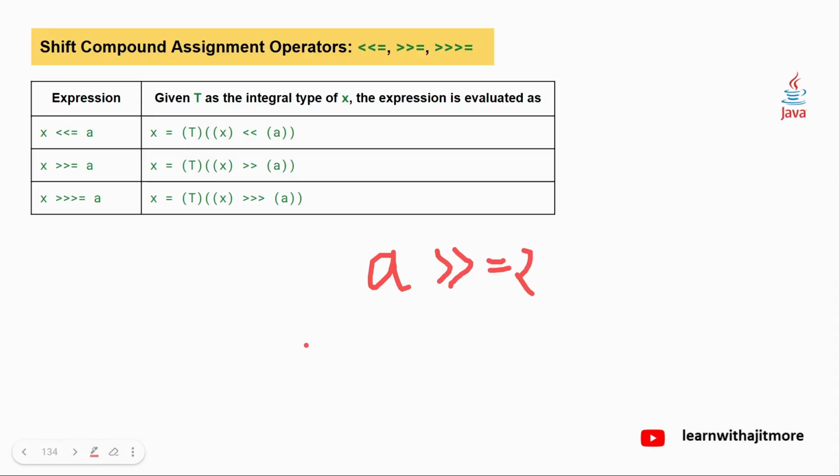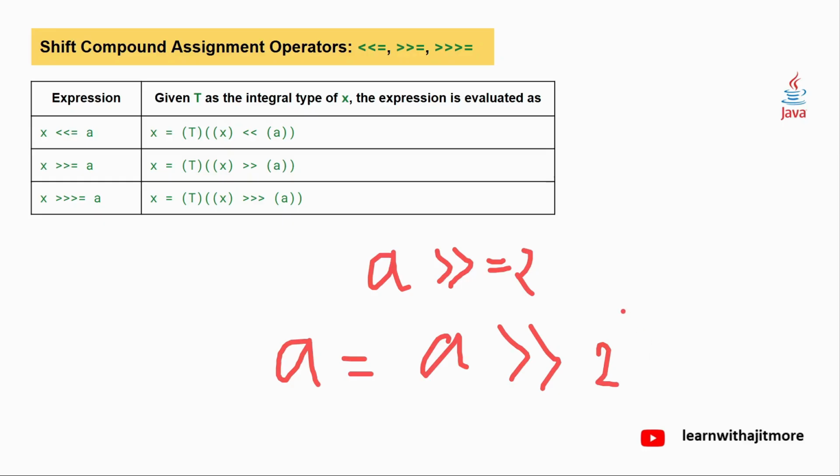Now, in this case, internally it is like this: A is equal to A right shift 2. But whatever the answer is, it is going to cast it to byte, guys?